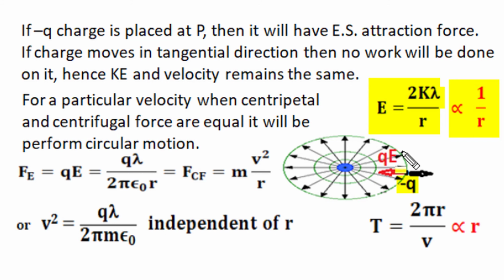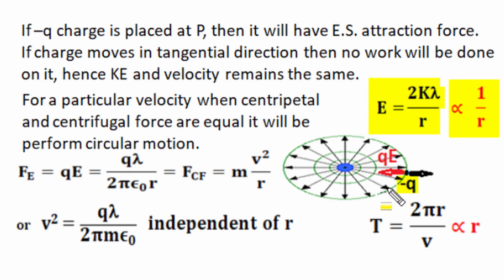Now if this charge moves in a tangential direction in a circular orbit, then this circular displacement makes a 90-degree angle with the direction of force. When force and displacement are mutually perpendicular, there won't be any work done by the electric field. So the kinetic energy of this moving particle will remain the same.